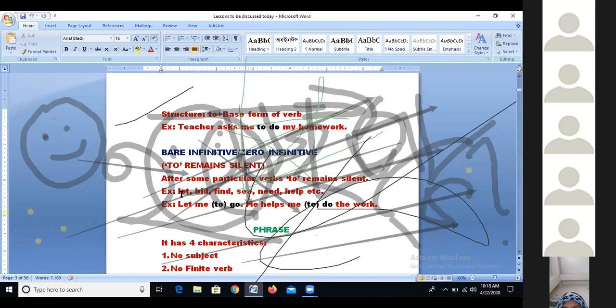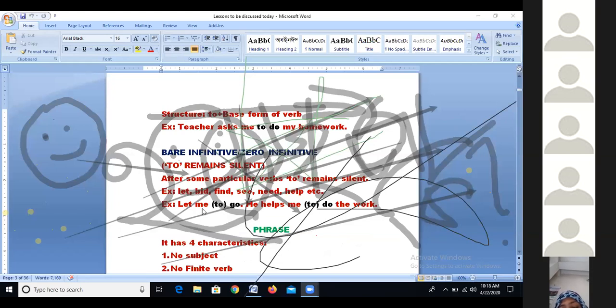And after some particular verbs, to remains silent. Suppose let, did, find, or see, need, help. After these particular verbs, to remains silent.